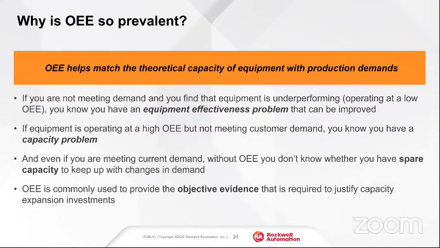All right. So now, when we talk about a theoretical capacity of equipment, think about it in this manner: if an equipment is supposed to produce 100 parts an hour and you are producing 50 parts an hour today, you do have theoretical capacity of 50 more parts, and you can sustain the growth of the company, right?